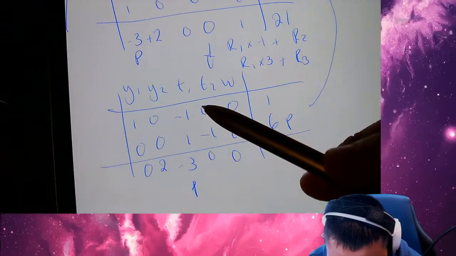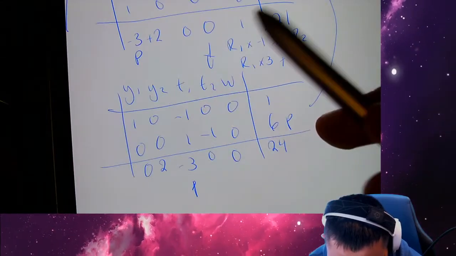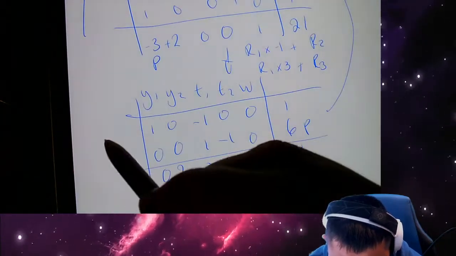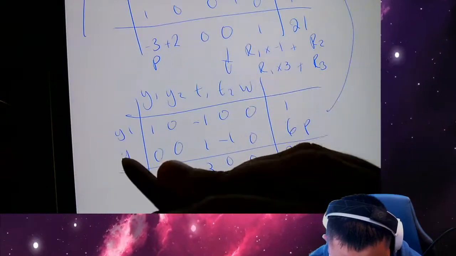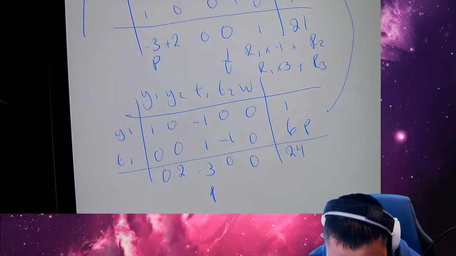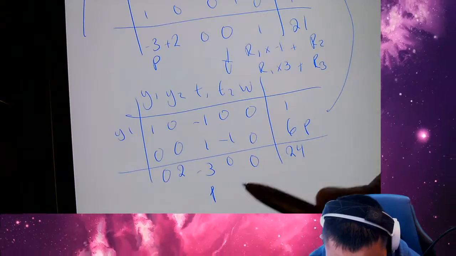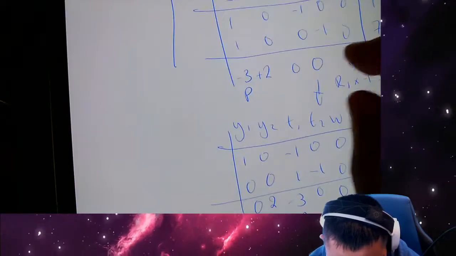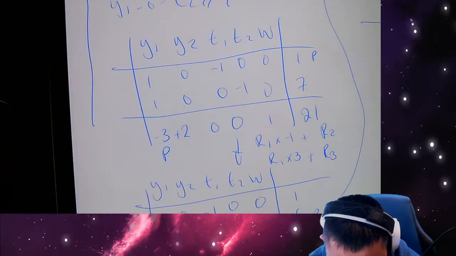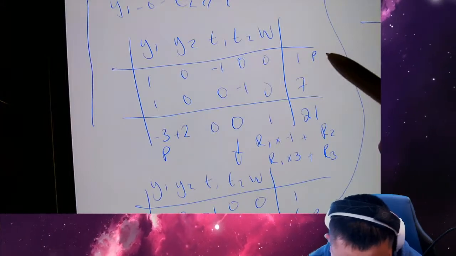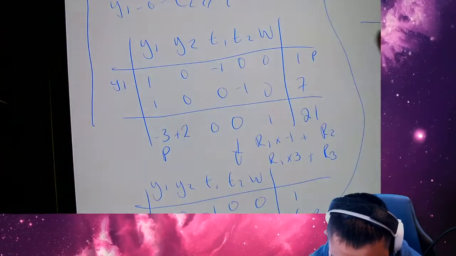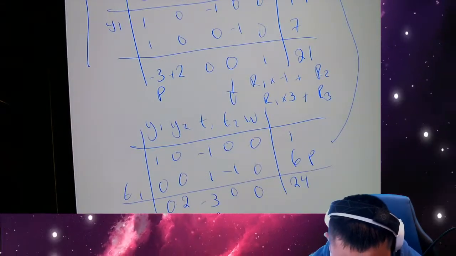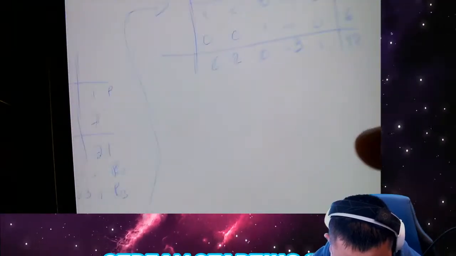We have, what is it, I think Y1 and Y2. So this was our Y1, and then when we did this again, this became our T1. So Y1, T1.